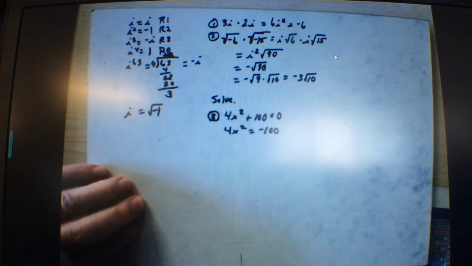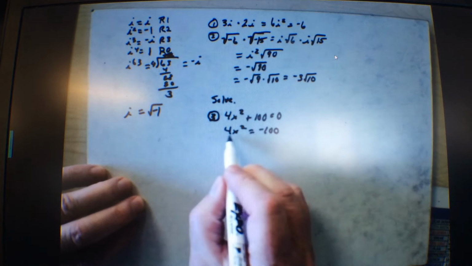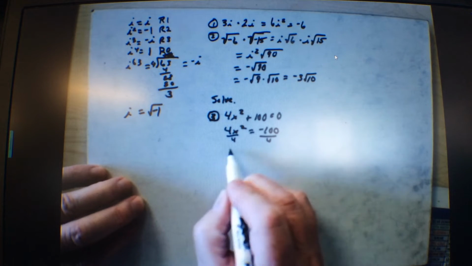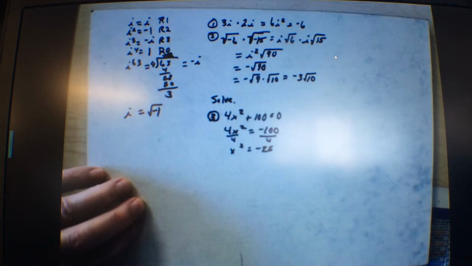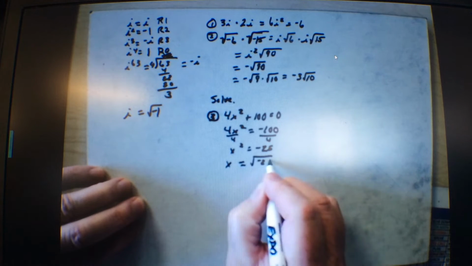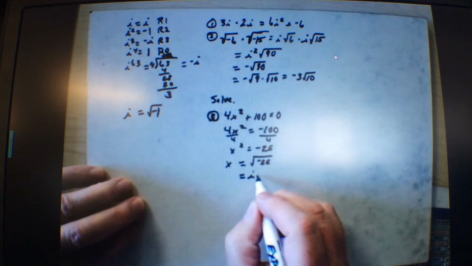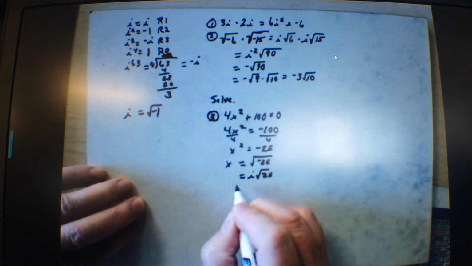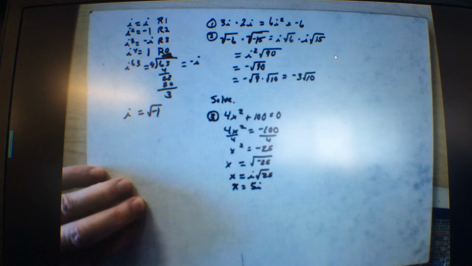You can see the 100 is negative when I move it to the other side. We divide by 4, and we get x squared equals -25. In the past, we would say no solution, because x squared cannot equal a negative number. But now we can take the square root of -25, we can poke an i out, and then we just have times the square root of 25, so x equals 5i.